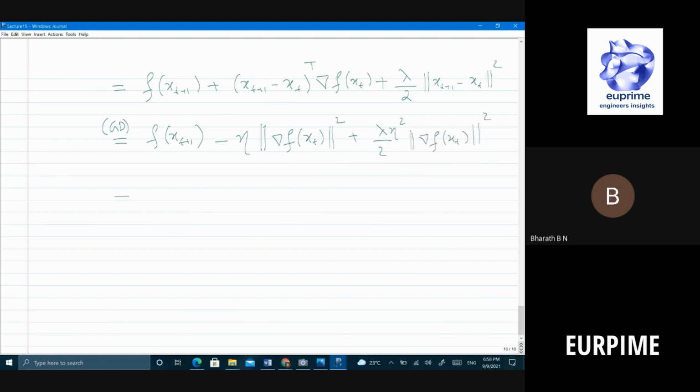So now everything will follow through, right? So you have f of xt plus 1 minus, of course, eta will come out, 1 minus lambda eta by 2 times the gradient of f of xt squared, right? Is that fine? Okay.